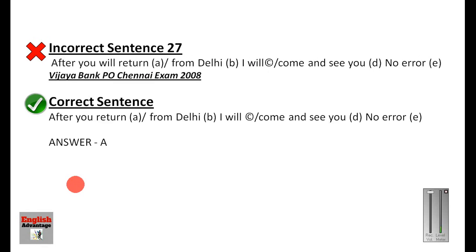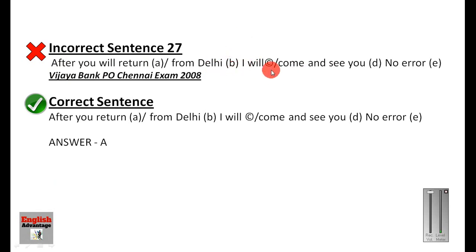After you will return from Delhi, I will come and see you. Now this is also a very common error. This has already come in the Vijaya Bank PO Chennai exam 2008. So here in this sentence there are two parts.